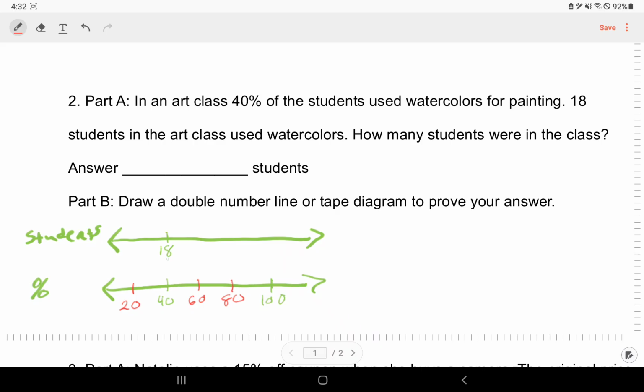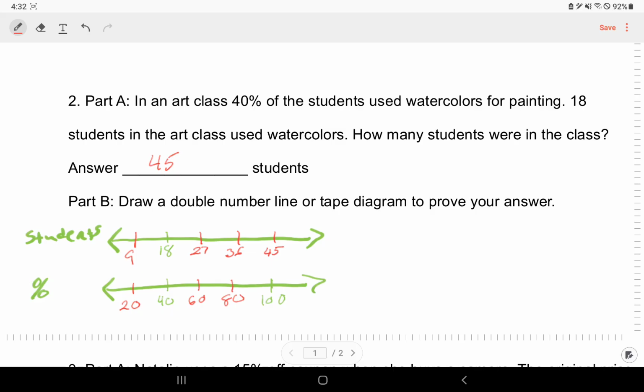And so since I cut 40 in half, I count 18 in half. So I'm counting by 20 on the bottom number line in the percentages, and so I'm counting by 9s on the students. So 18, 27, 36, 45. And so my answer is 45 students.